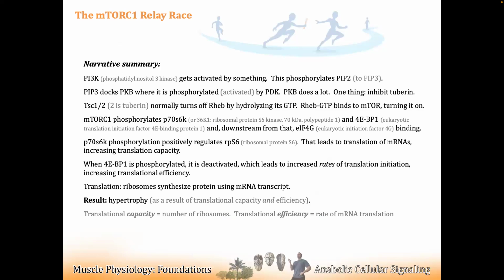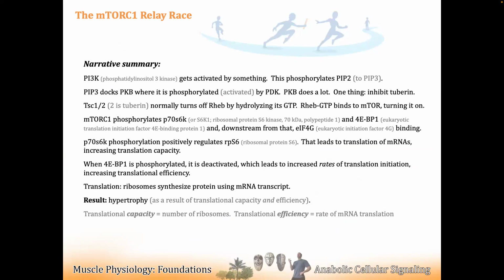It's not just in your head, it's in your quads and biceps, and it's everywhere. So RHEB-GTP, when it accumulates, because TSC isn't breaking it down, tuberin isn't breaking it down, binds to mTOR, which turns on mTOR's kinase activity.